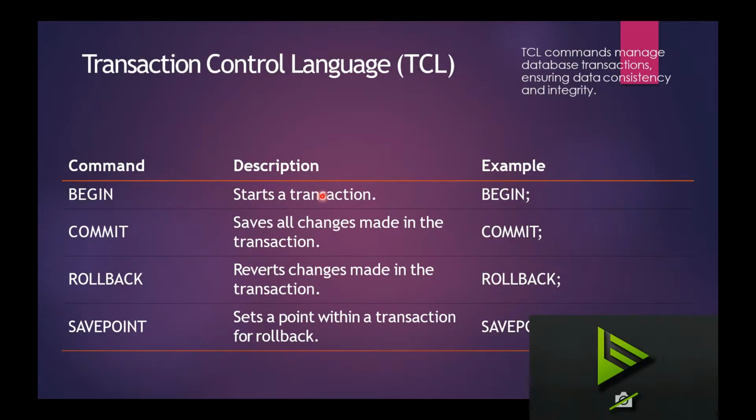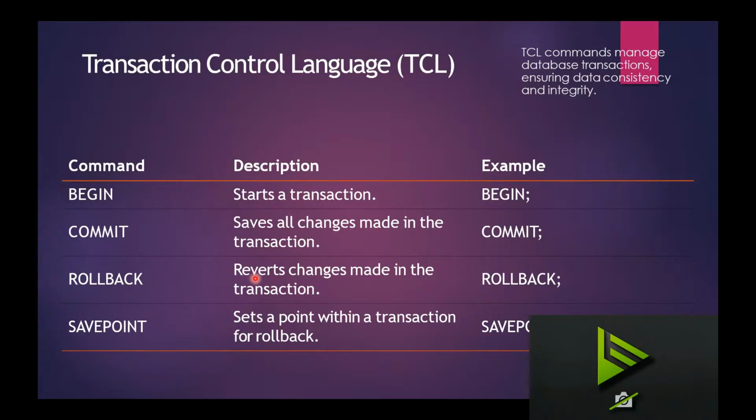Next is TCL, transaction control language. TCL commands manage database transactions, ensuring data consistency and integrity. The commands are BEGIN, COMMIT, ROLLBACK, and SAVEPOINT. These are the only four TCL commands. BEGIN starts a transaction, and we end it with a semicolon. COMMIT saves all changes made in the transaction.